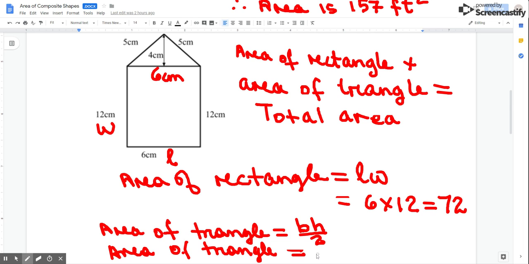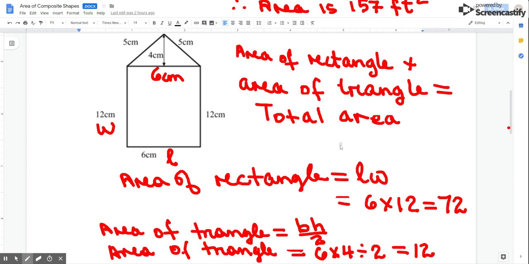So it's 6 times 4 divided by 2. And if we do this all on our calculators, we'd end up with 12. So we have the area of the triangle and the area of the rectangle.